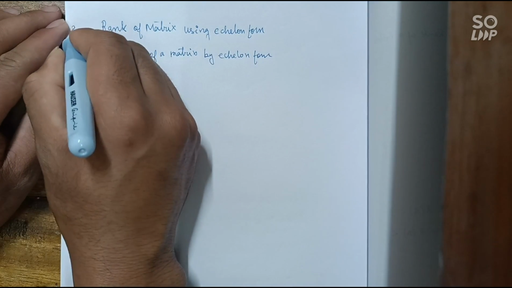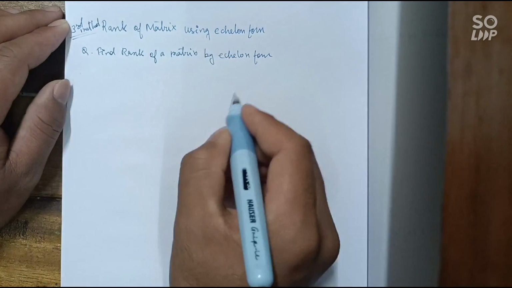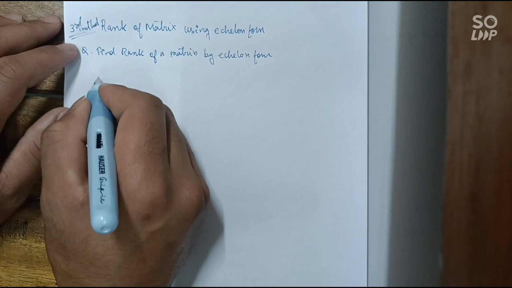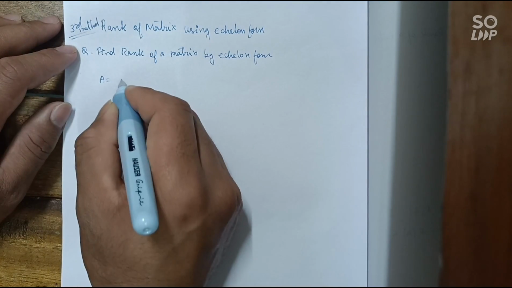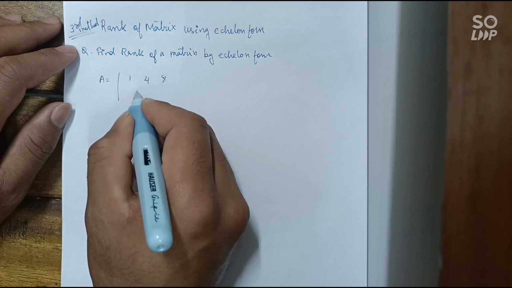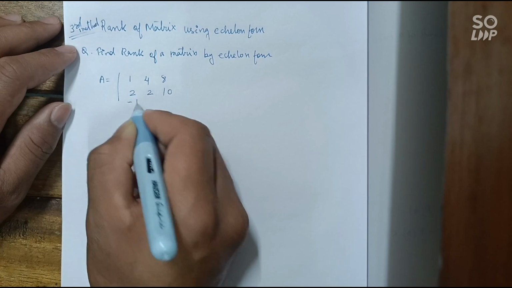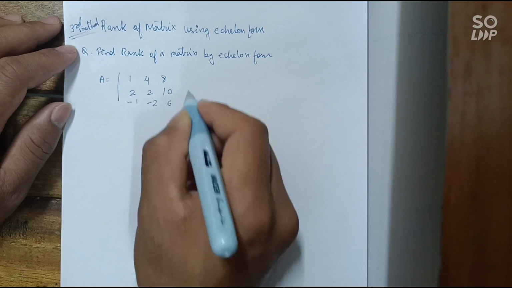So this is our third method. Let's take a question here. E equals to, we have 1 4 8, 2 2 10, minus 1 minus 2 and 6.